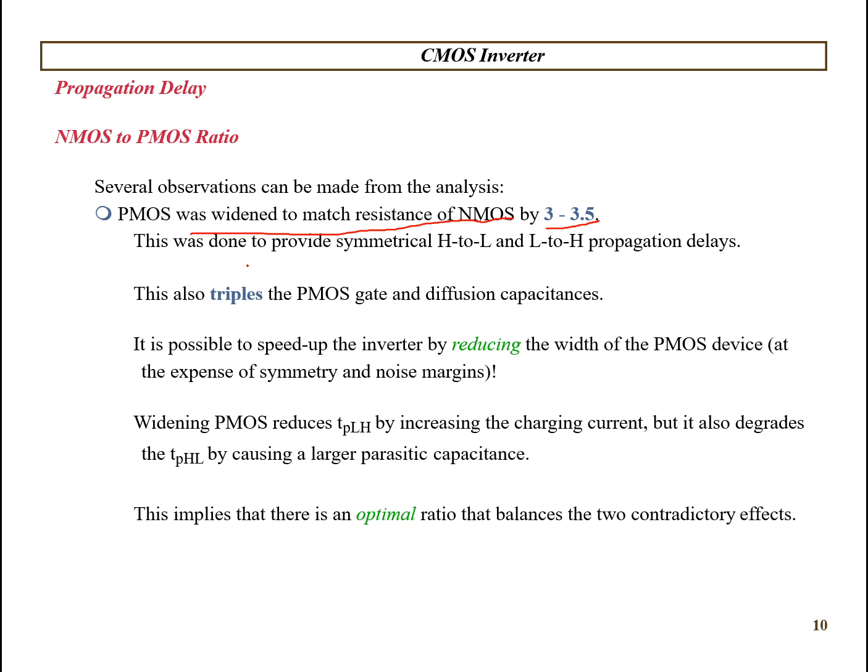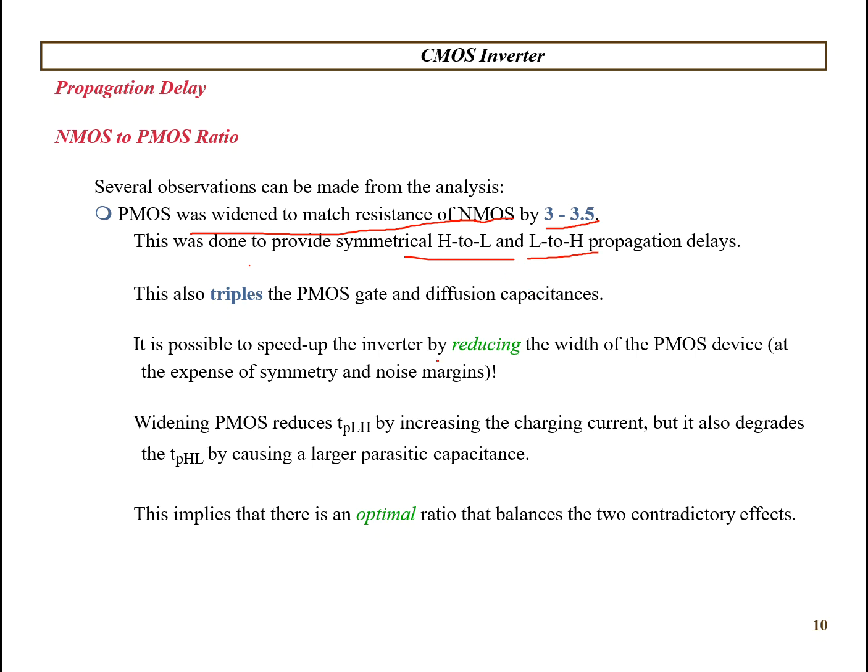This was done to provide symmetrical high to low and low to high propagation delays. This makes tpHL and tpLH equivalent in value. This also triples the PMOSFET gate and diffusion capacitance. If you widen the PMOS, it triples the PMOS gate and diffusion capacitance.